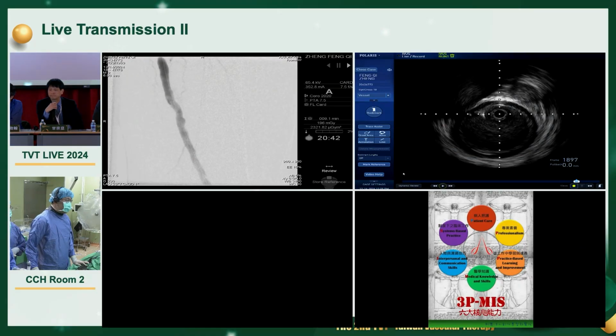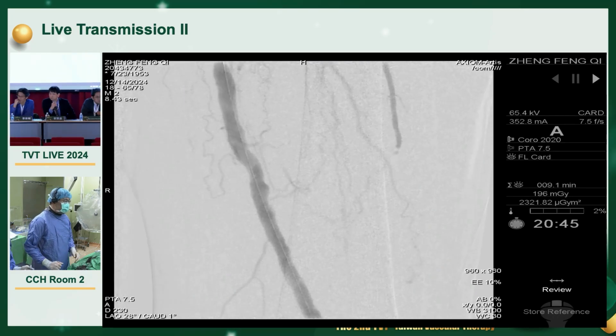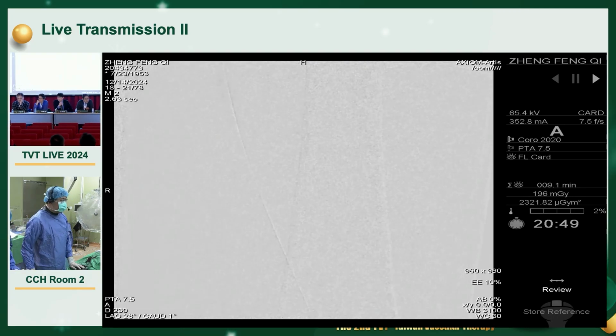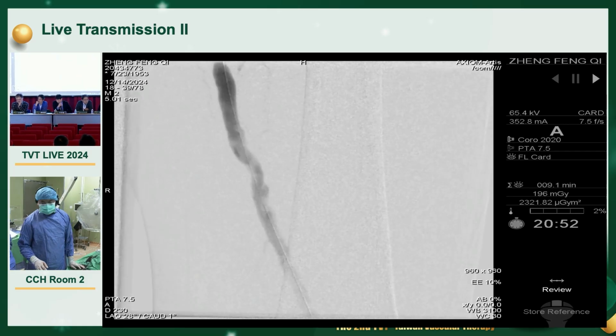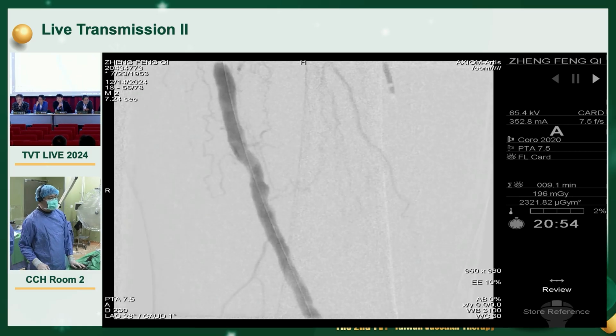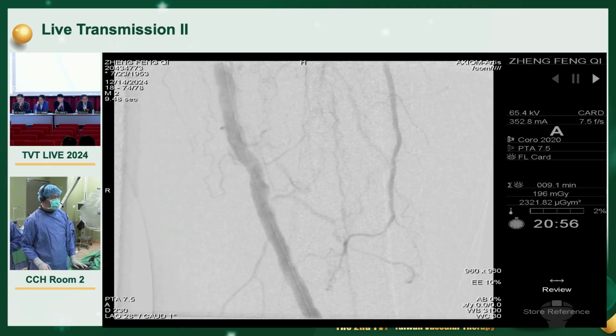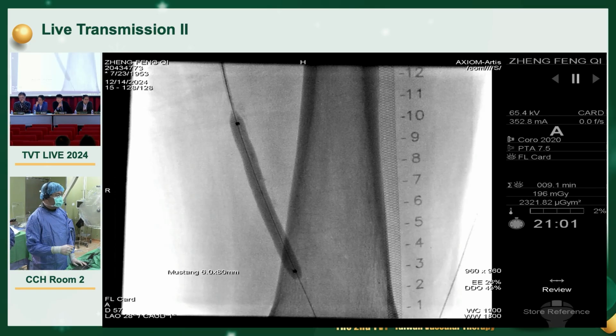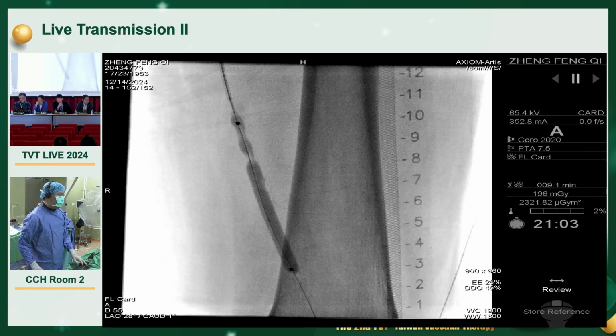Okay, after the balloon angioplasty using the 6.0 millimeter balloon, show the balloon inflating. Actually, the lesion is between 11 centimeter to 3 centimeter.